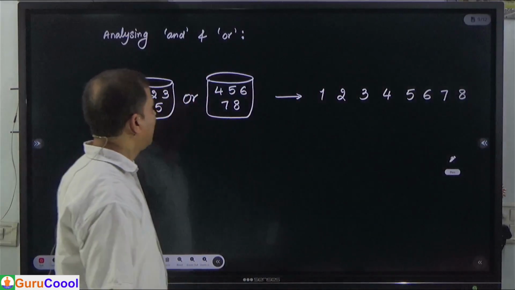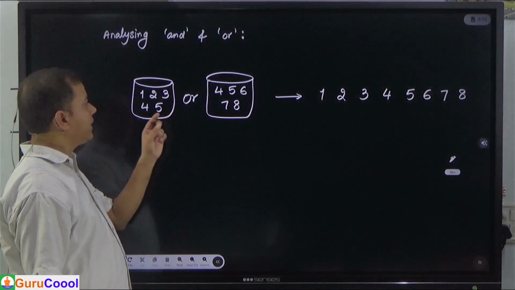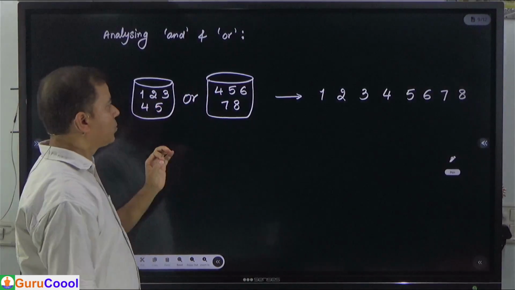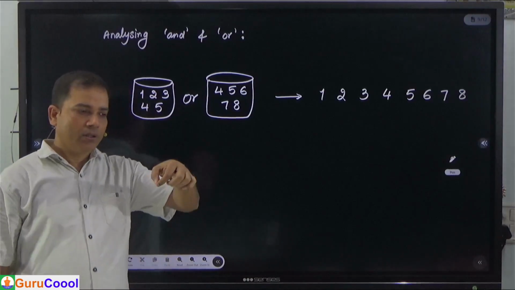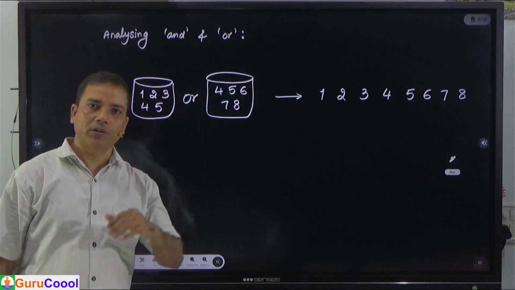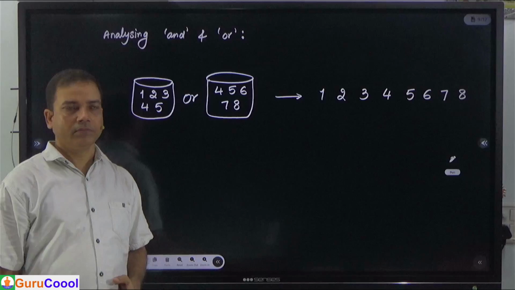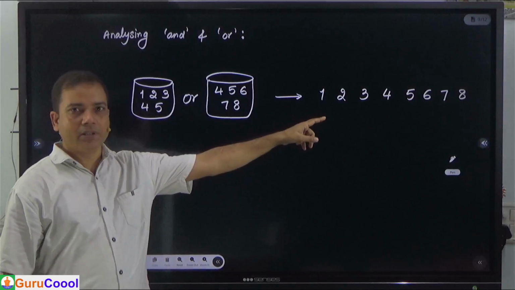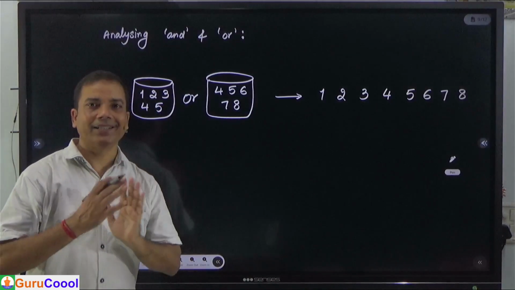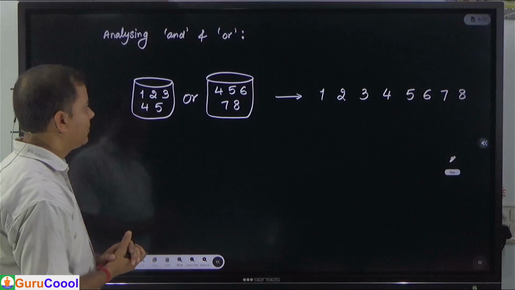Notice that 4 and 5 are available in the first as well as the second box, so it doesn't matter whether you have drawn card number 4 from the first box or the second box, you are the winner. And we don't write 4 and 5 twice, just once, because there are 8 numbers contributing in the winning.